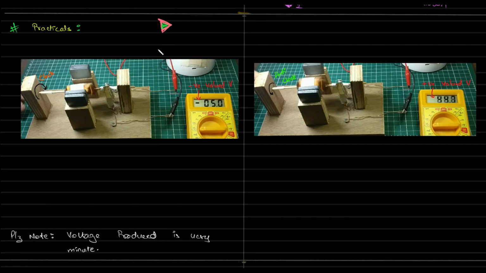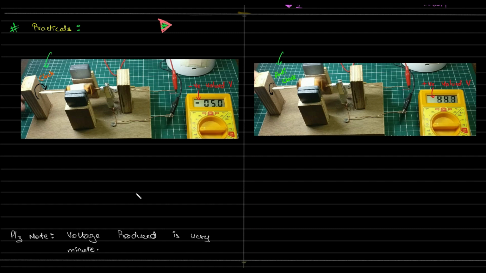I hope you saw that when we moved clockwise, we saw negative current. When we moved anti-clockwise, we saw positive current. So yes, direction matters. If you apply Fleming's right hand rule, you will see that the direction of current induced is not the same as when you connect a battery. Things change.